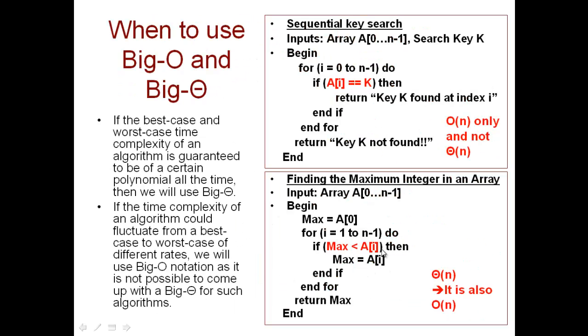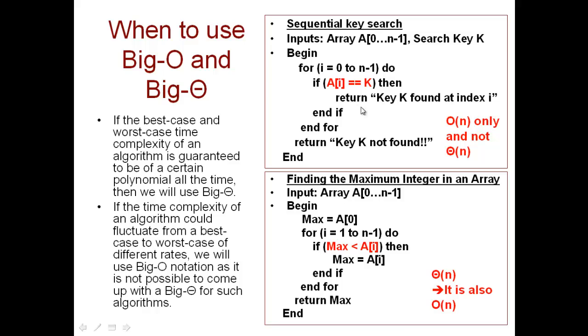Whereas for the maximum integer problem, yes, we can use theta notation. Always we do n minus 1 comparisons, so it's theta of n. Similarly, in this problem we cannot use theta notation because sometimes we do just one comparison and sometimes we do n comparisons. One is not the same as n, so we have to use big O notation.